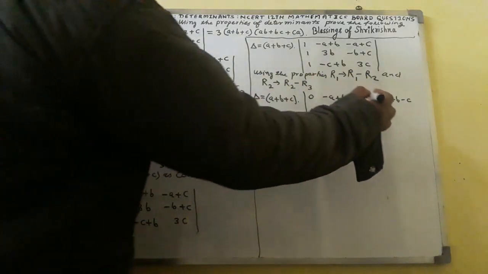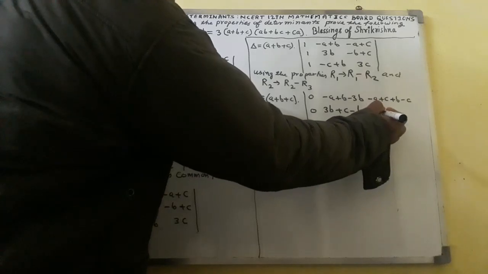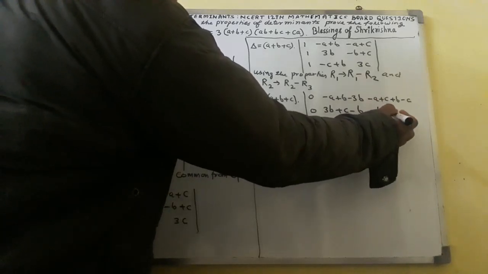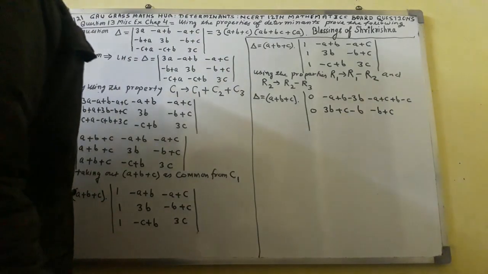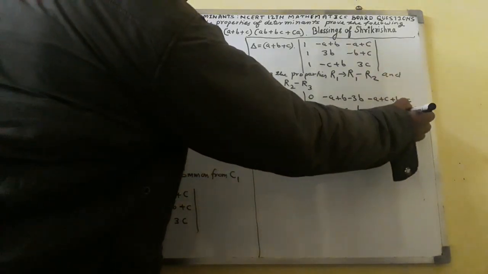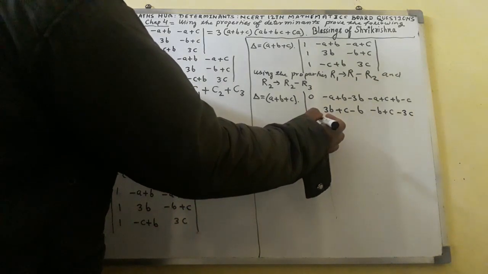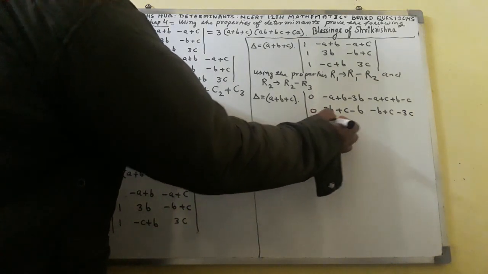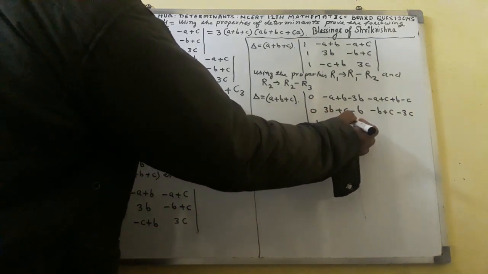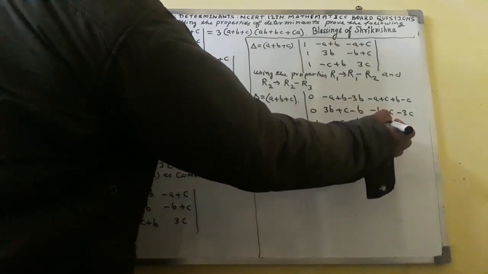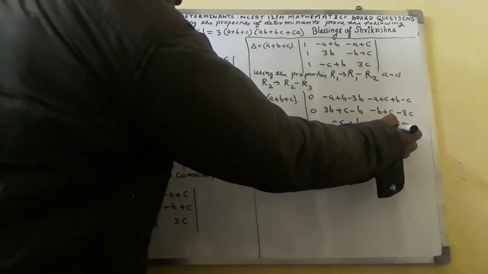Here I shall write minus b plus c minus 3c. Here write elements of the third row: 1, minus c plus b, 3c.